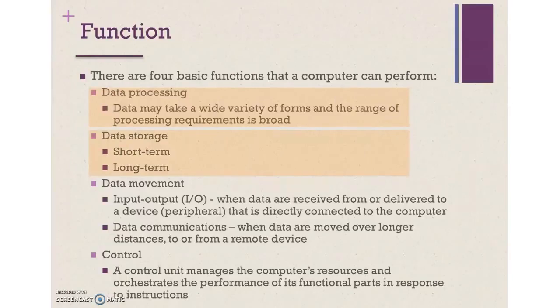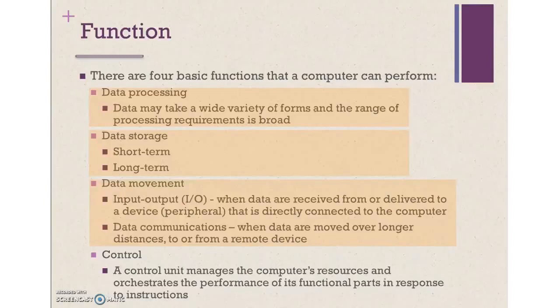Data storage: even if the computer is processing data on the fly, meaning data come in and get processed and the result goes out immediately, the computer must temporarily store at least those pieces of data that are being worked on at any given moment. Data movement: the computer's operating environment consists of devices that serve as either sources or destinations of data.